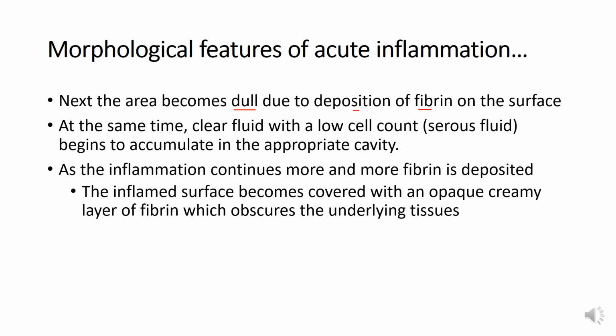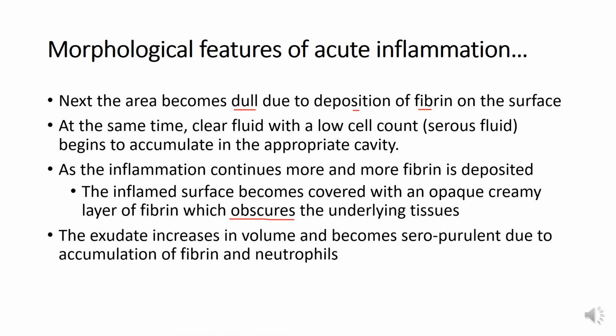When the inflammation is still continuing, the inflamed area will eventually be covered with an opaque creamy layer of fibrin. When this happens, the underlying structures are not clearly visible, so we say that they are obscured.